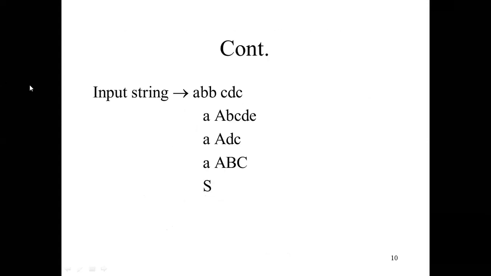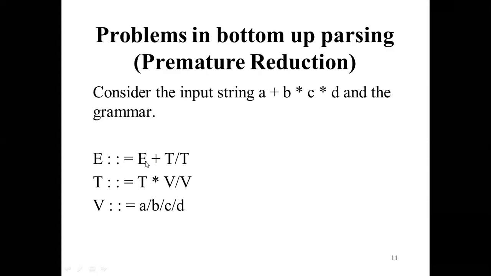Because in the preceding case you have already seen this is the input string, and we are going to use bottom-up parsing, we will apply the reductions. After reduction we are getting this distinguished symbol. So now in this case also, but in this case, there is a problem that arises. You can see.